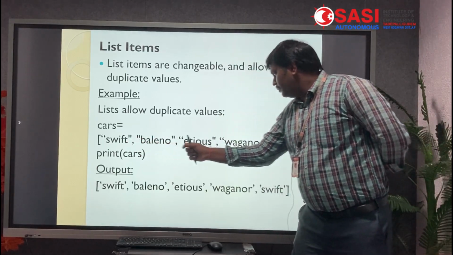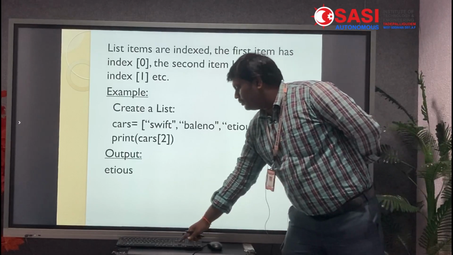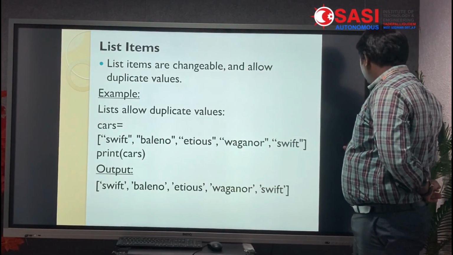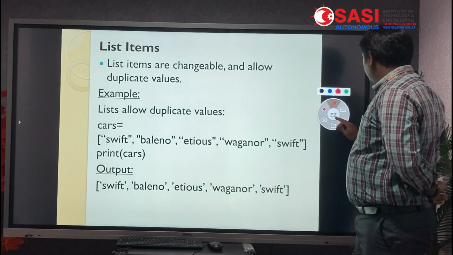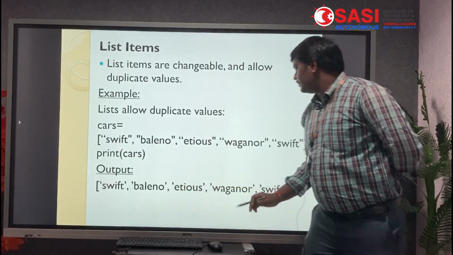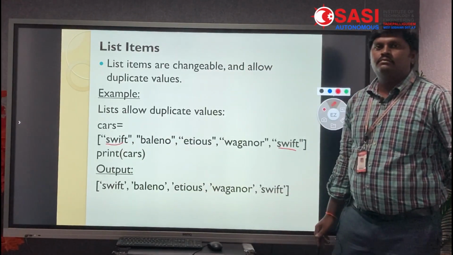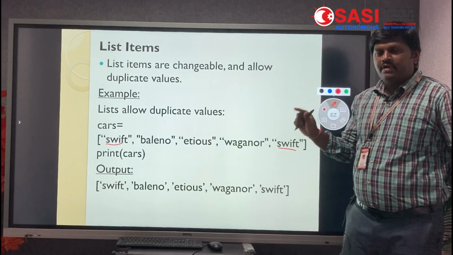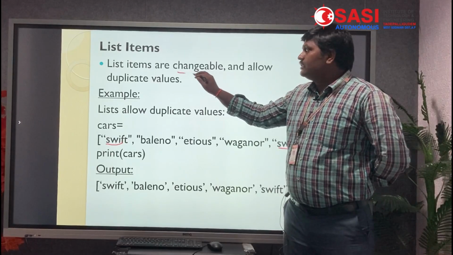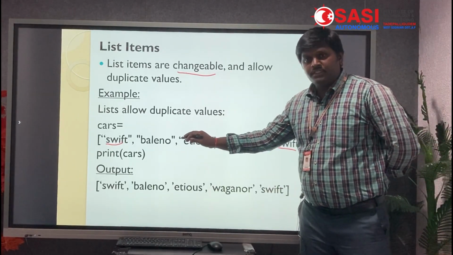The duplicate value here is Swift. A list allows duplicate values, and it is also changeable. You can change the elements of a list also.